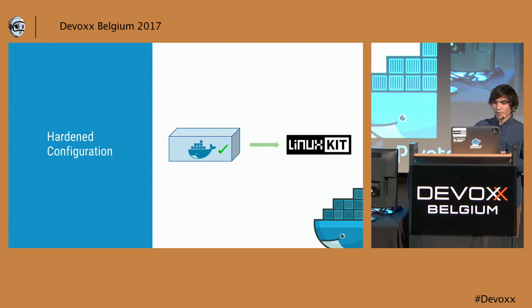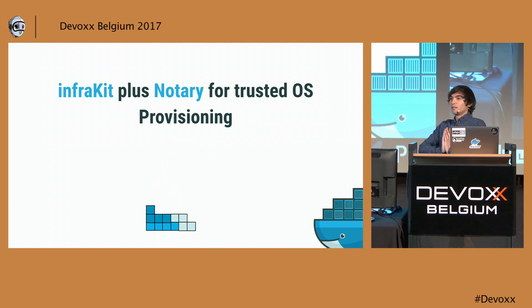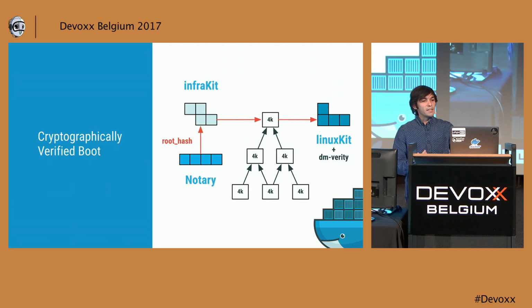OK, so let's get a little more exciting here. Let's go with 3 pieces. So what can we do with Infrakit and Notary and LinuxKit? I think this really gets to some of the possibilities with using a newer kernel and using some of the more exciting pieces of infrastructure in the ecosystem and upstream Linux: you can actually use these components together to get a cryptographically verified boot.